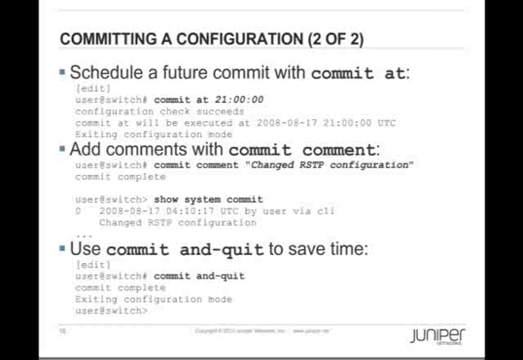But effectively, you can add an actual comment itself, so that when you look at the previous configurations that are stored and archived, you can see a brief note of what was done, maybe why, by who, etc. Then show system commit will actually show that.